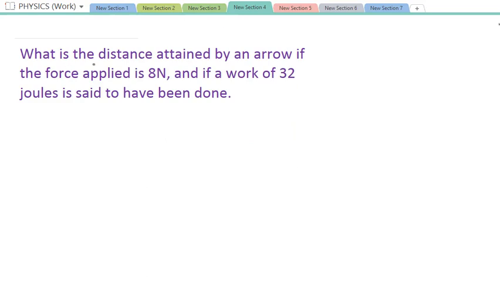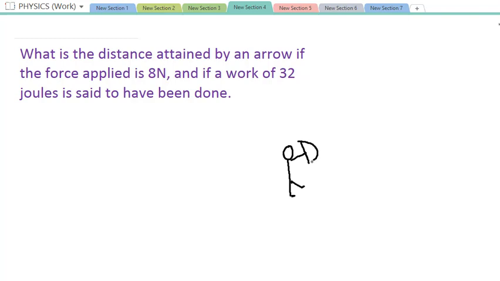Okay, what is the distance attained by an arrow if the force applied is... So let's say I want to draw, but I don't know how cool my diagram is going to be. Let's say we have a man here, and I pray my diagram is going to be cool. So this man had an arrow. This is his bow.